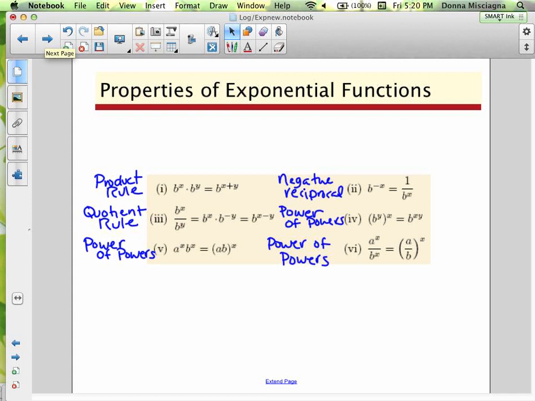So the power of powers rule says that if you're raising a product or a quotient or a term that has an exponent on it to a power, right, you're going to multiply the exponents. You're going to apply the exponent to everybody in the product, everybody in the quotient, and then if you've got an exponent already on it, you'd multiply exponents.